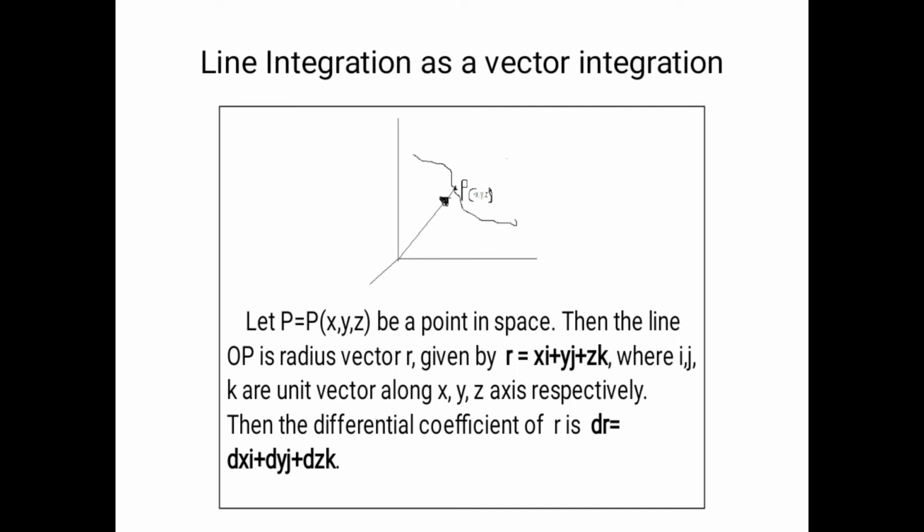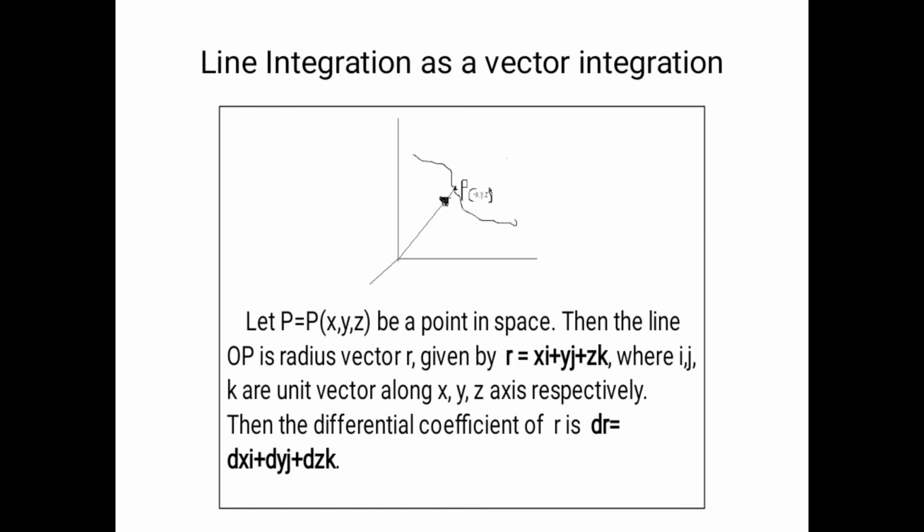Again we can write r is equal to x, y, z, or in other words, when we write it in terms of a vector, we write it as r is equal to xi plus yj plus zk. So when we want to differentiate a vector, we differentiate its components. In other words, the derivative of a vector is nothing but the derivative of its components in the same order.